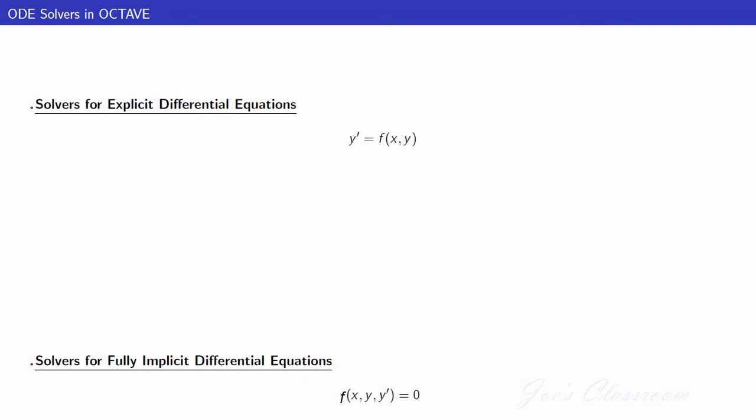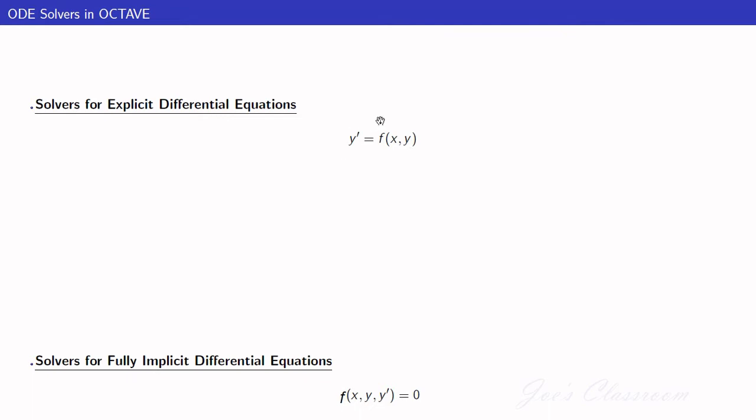When it comes to Octave, the solvers in Octave can be used to solve both explicit and implicit differential equations. Differential equations of the form y dash is equal to f of x comma y, where x is the independent variable and y is the set of solution variables.